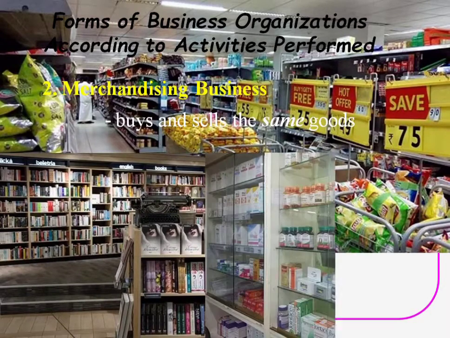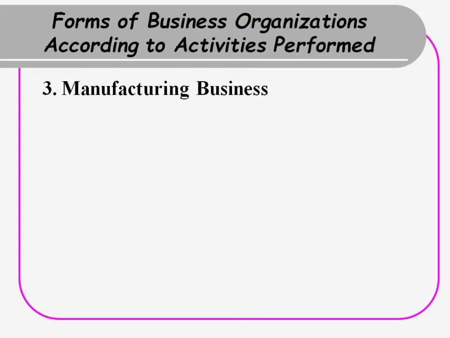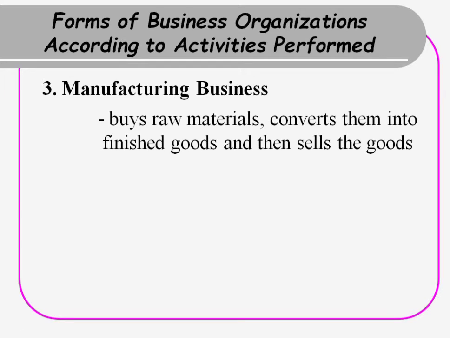Examples consist of supermarkets, bookstores, and drugstores. A manufacturing business, on the other hand, buys raw materials, not for the purpose of selling those materials, but to convert them into finished goods, after which it sells those finished goods. An example is a furniture making business, which buys materials like wood, paint, and nails, which it transforms into cabinets, tables, and chairs.